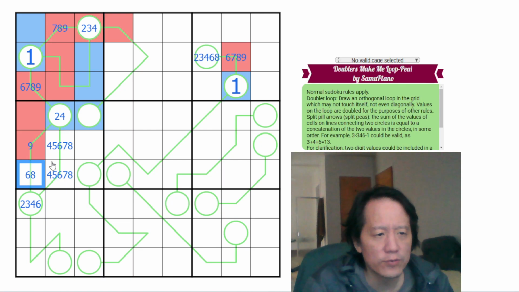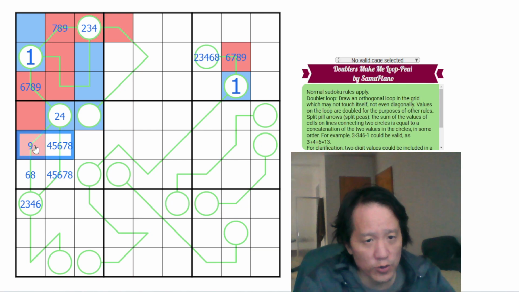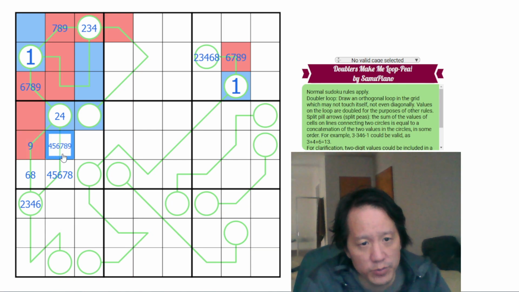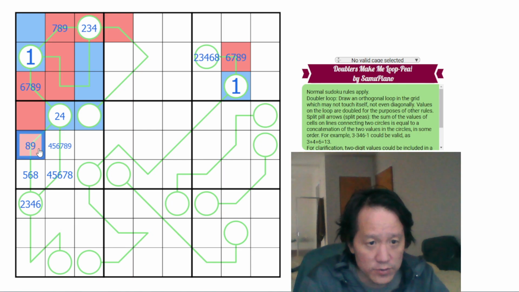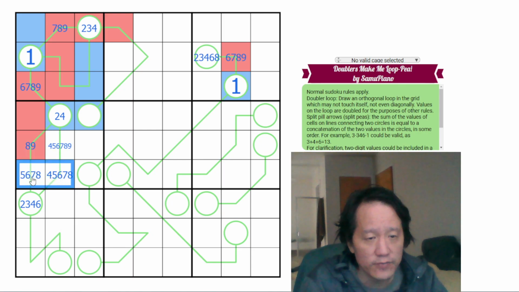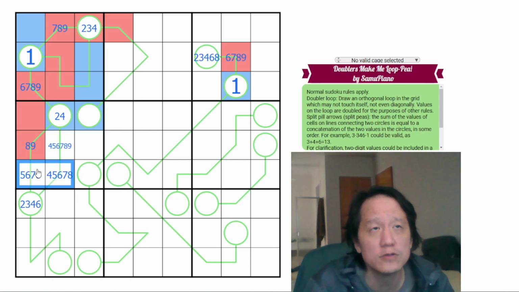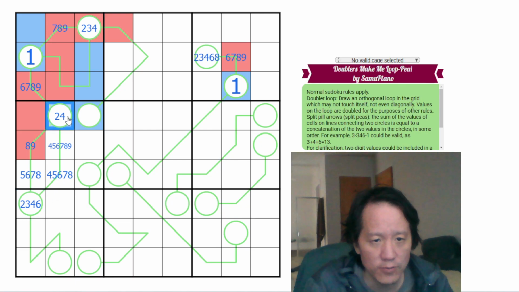Okay, 23. You have 9 doubled with 5. So the 9 would be here, and then the 5 could be either of these. Then you have 8 doubled with 7. So this could be 8 doubled, and then the 7 would be here, right? 8 doubled, 8 times 2 is 16 plus 7 is 23. So that works for that.